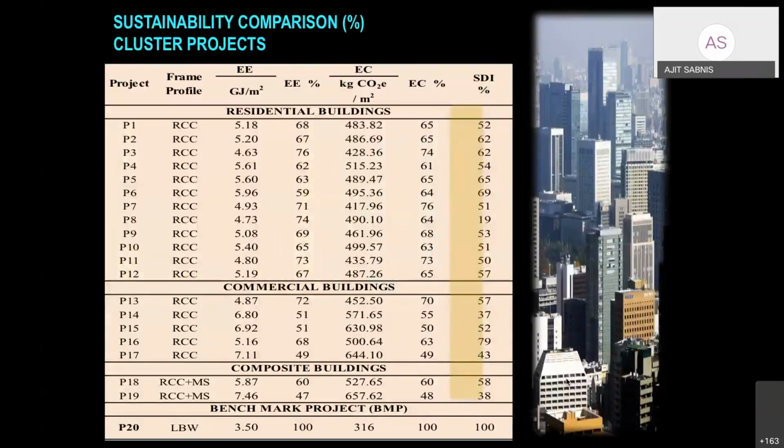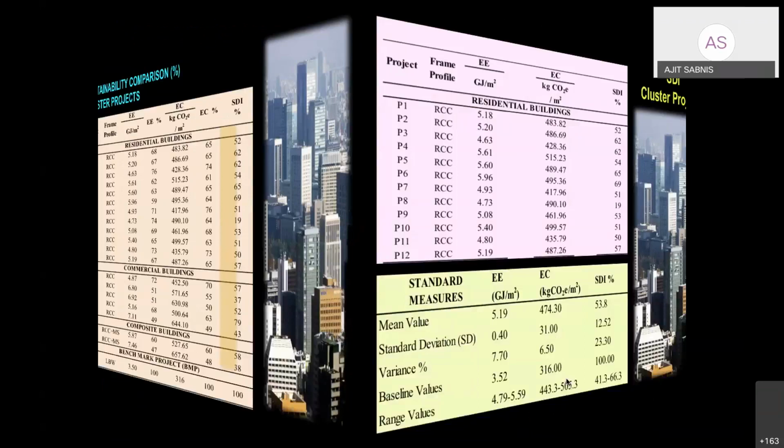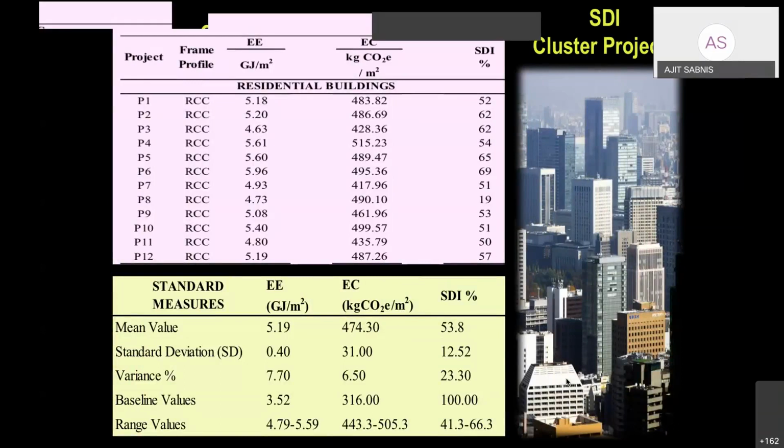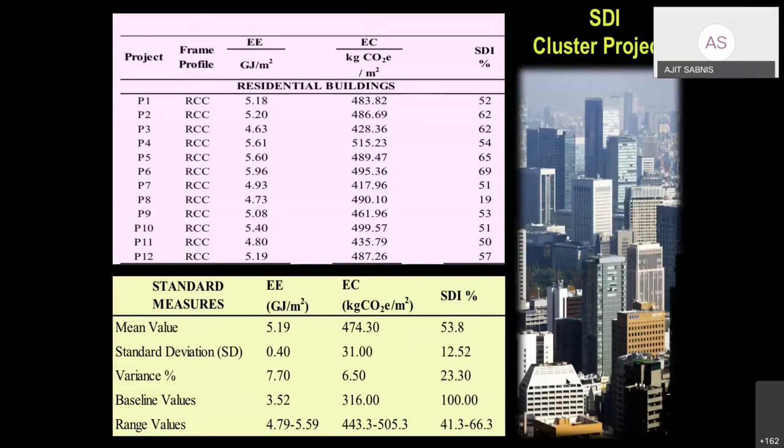Now, when we talk about a cluster of buildings, we have talked about the individual building. How do we apply this entire concept of the Sustainability Development Index across the nation, across the climatic regions, where plenty of research has been done and several countries have developed their own sustainability development index with reference to local conditions and geography?